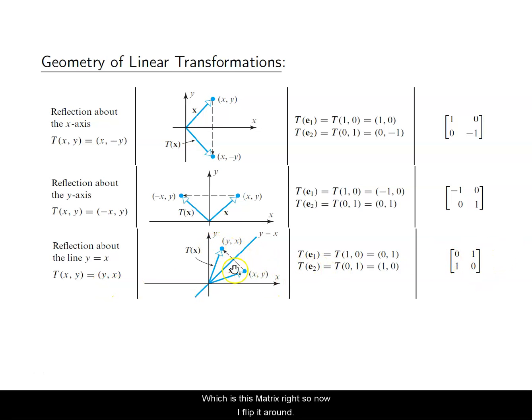That will flip it around, reflecting it around the line y equals x. If you remember your regular functions, all inverse functions are reflected across the line y equals x. So this might help you in your calculus classes if you need to find some inverse functions: you can use this transformation.